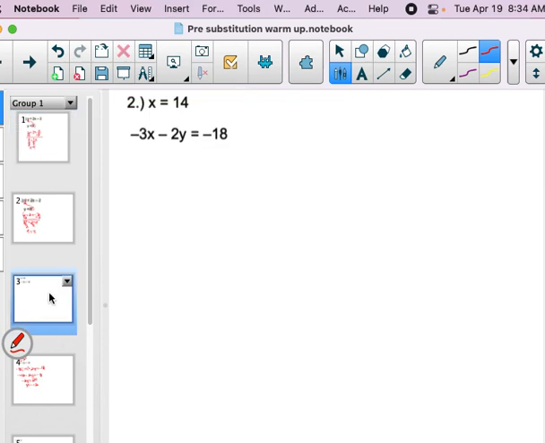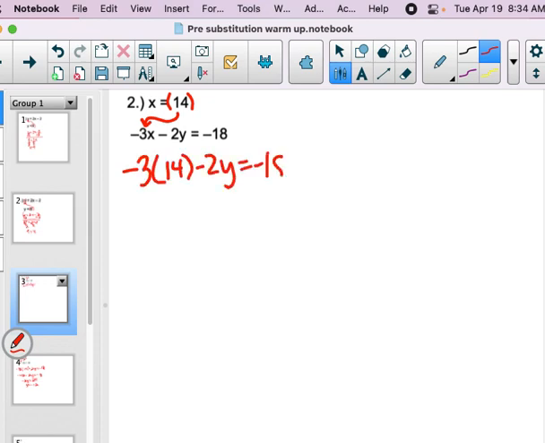On the second example here, we have x equals 14, and negative 3x minus 2y equals negative 18. So if I know that x equals 14, I could take this 14 and plug it in for the x. So I'd have to rewrite this as negative 3 times 14 minus 2y equals negative 18.